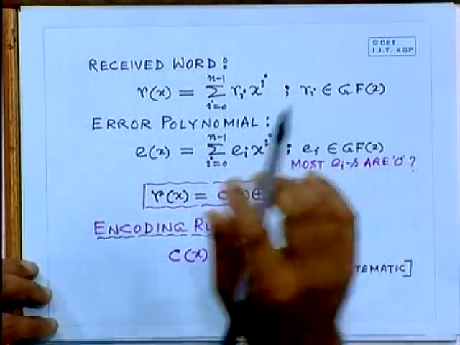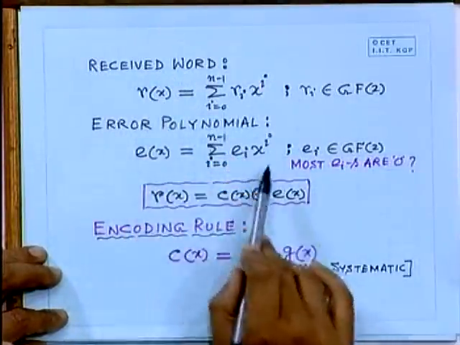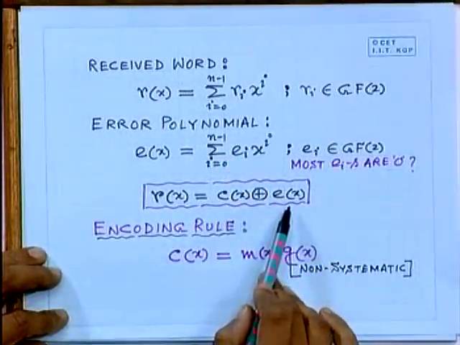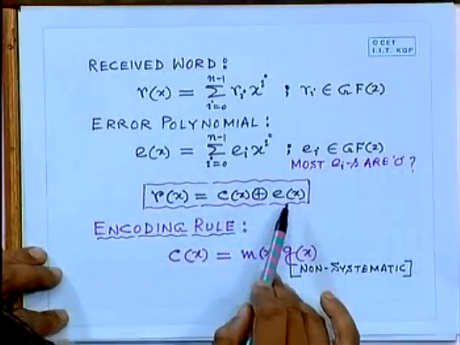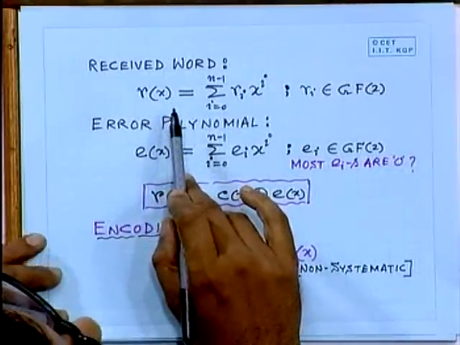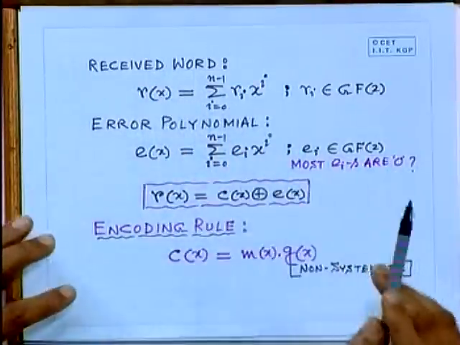The Cx I said is the transmitted code word, the code word to be transmitted. This one, truly speaking, may not be viewed as a word because it is already contaminated with error, and it is not a valid code word really. If there is an error, then Rx is not a valid code word, but it is a polynomial after all.